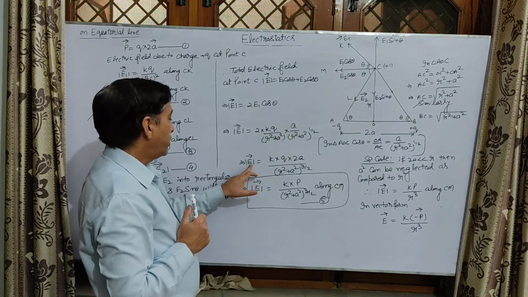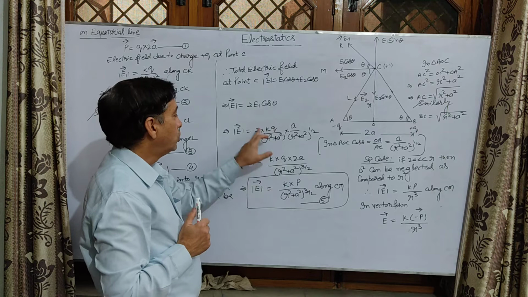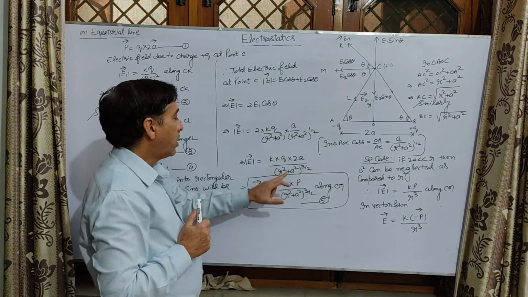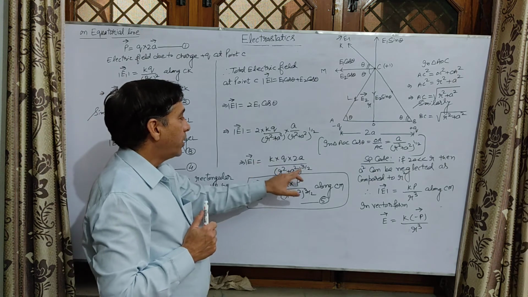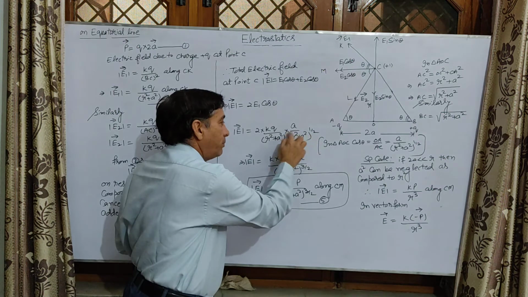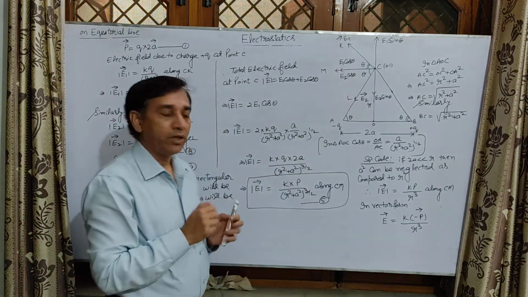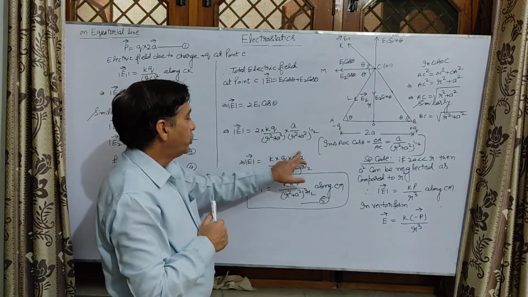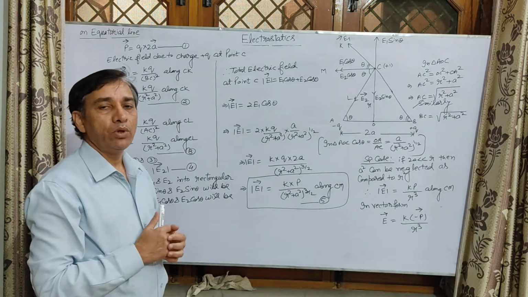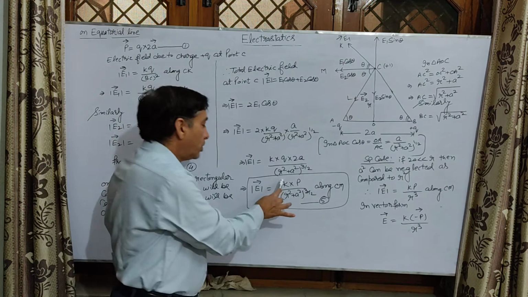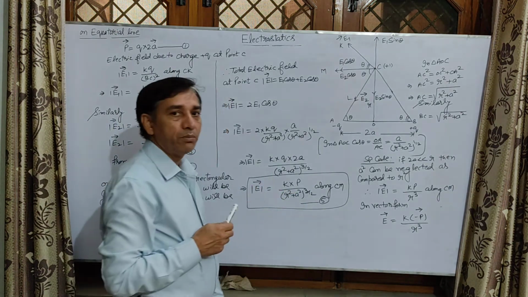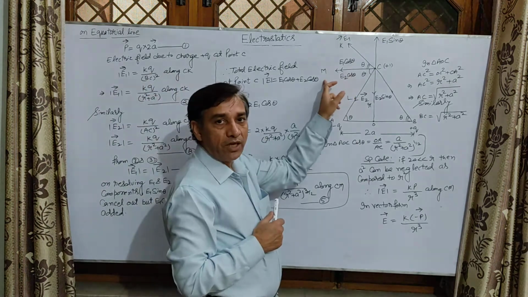Now you can write E equals kq into 2a upon r square plus a square raised to the power 3 by 2. Its power is 1, this is 1 by 2, 1 plus 1 by 2 equals 3 by 2. Now in place of q into 2a, we can write p. p means electric dipole moment. So E equals kp upon r square plus a square raised to the power 3 by 2 along CM.